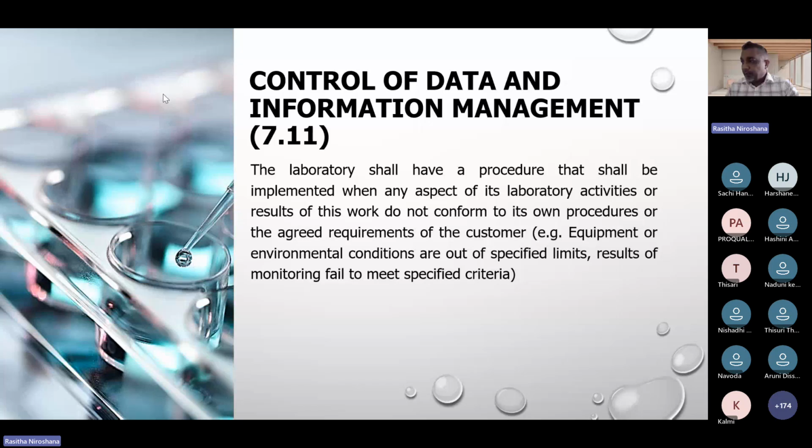One typing error can lead to a serious issue. So your data transferring has to be very accurate, and the person who does the transferring also has to have peace of mind. He needs to focus. That's why most of the time in the lab we don't allow people to use the mobile phone. You can't keep a mobile phone and do the data entry, because there can be so many errors when you're not focusing. So that focus has to be there.